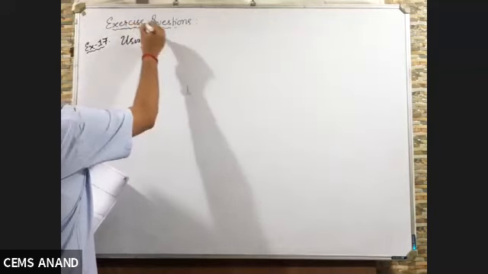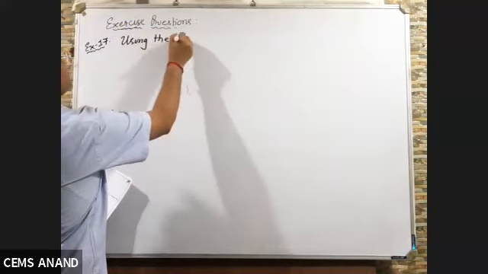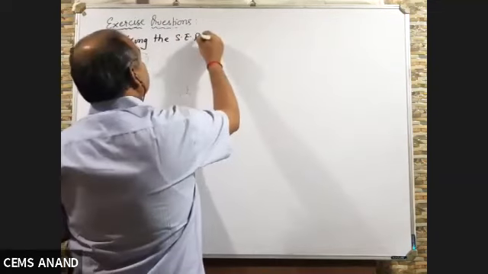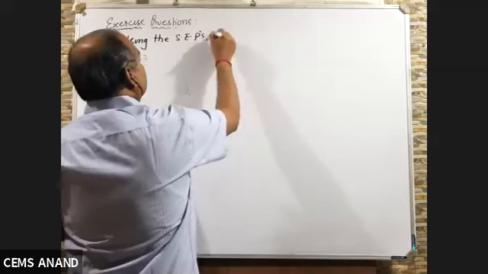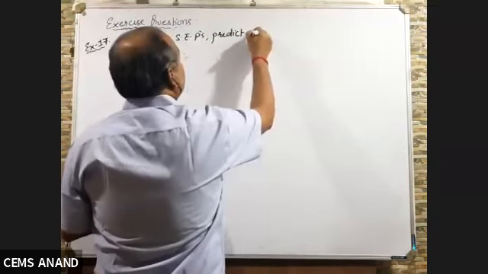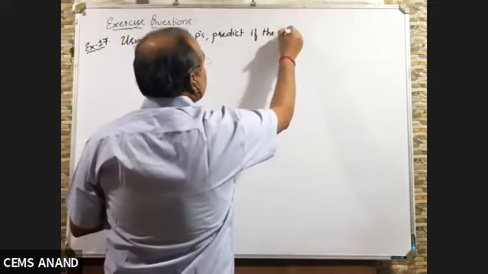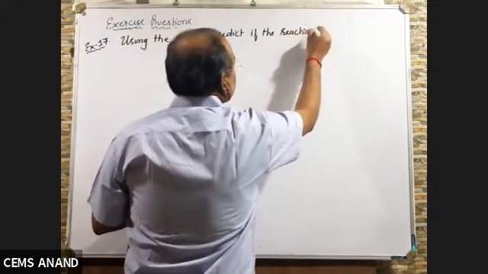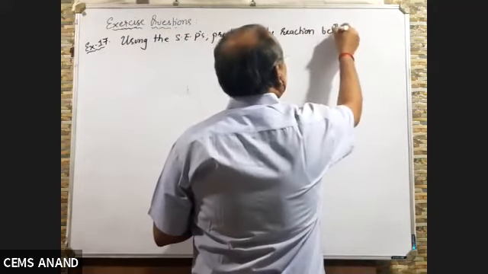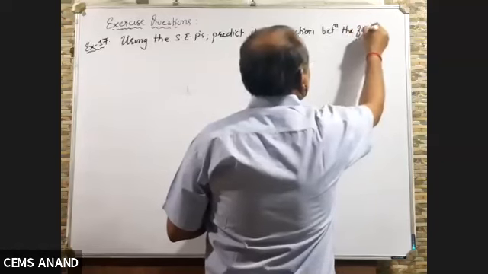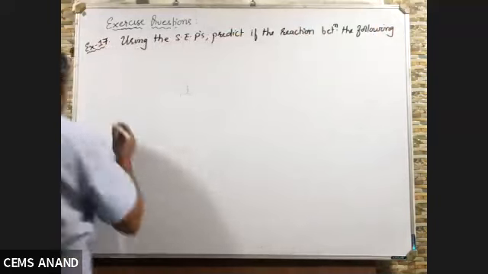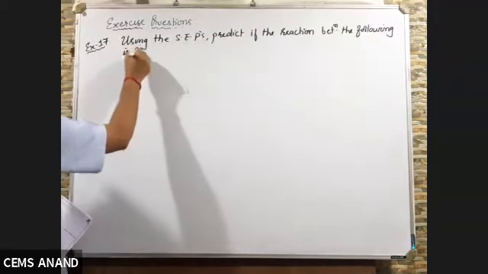Using the standard electrode potentials, predict if the reaction between the following pair is feasible or not.